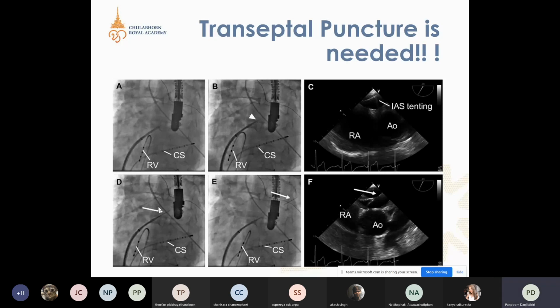That needs activation of the operating room for open heart surgery to close the puncture site that makes the blood leak out of the aorta. Okay.